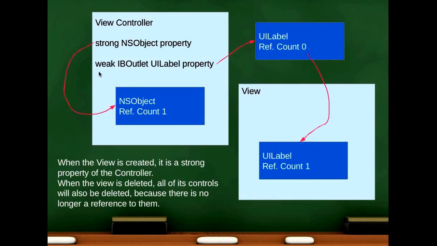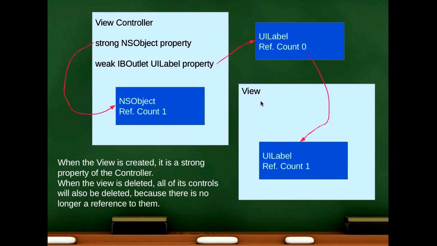We've also declared a weak IBOutlet UILabel property. Now, for a split second until that view comes online, that UILabel exists here with a reference count of 0. But sometime later in the current run loop, the view is created, and the view grabs this object, this UILabel.